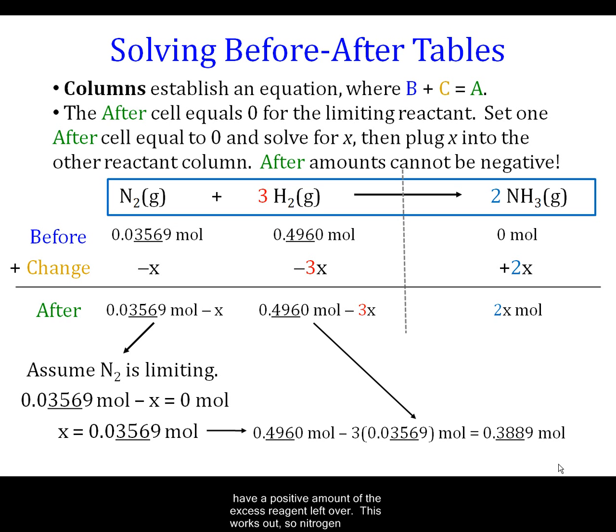This works out, so nitrogen is the limiting reactant, and hydrogen is the excess reactant, with 0.3889 moles of hydrogen left over after the nitrogen gets completely used up.